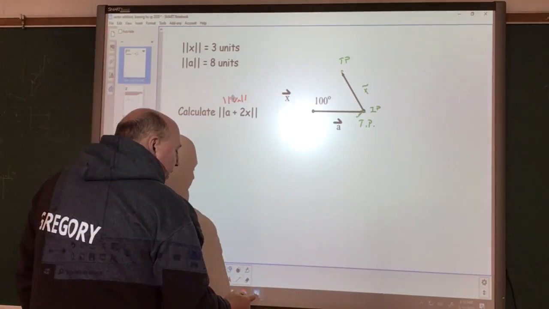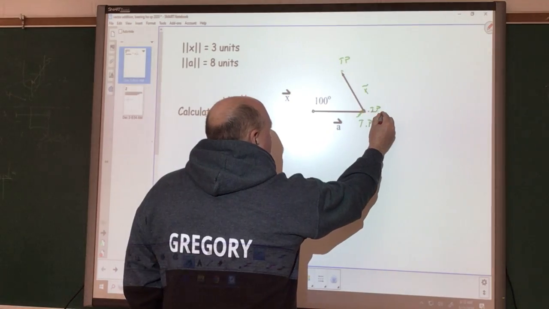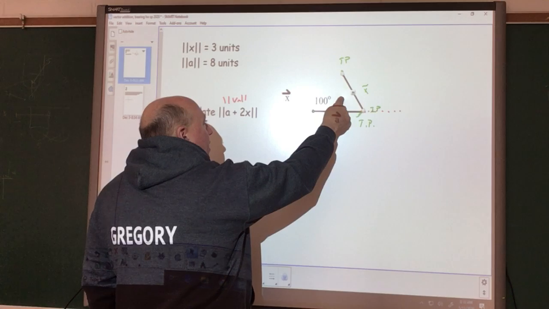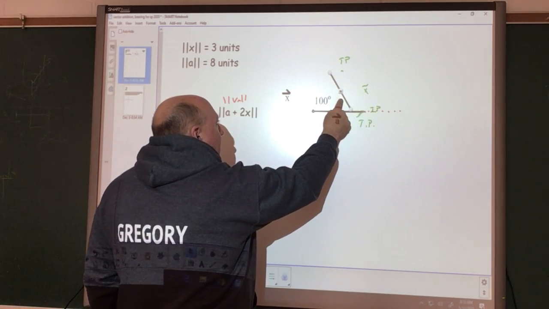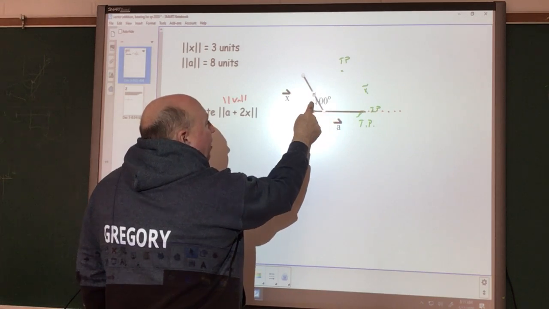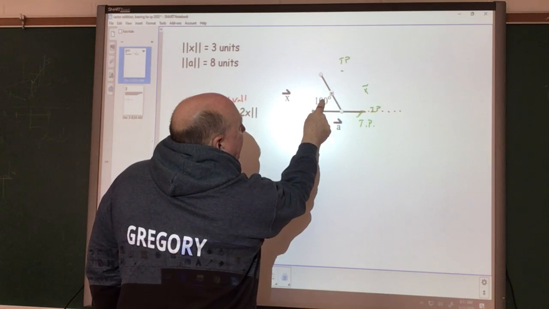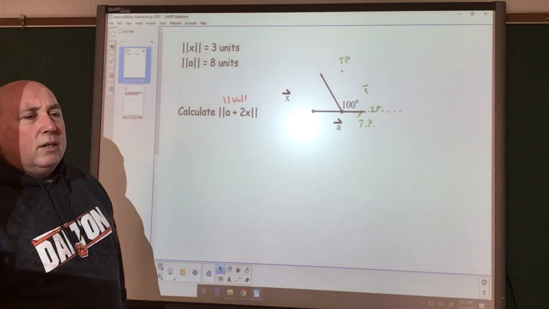Now, the angle that is formed between these two is, if I would just continue to move this line across, this angle that is formed right there is 100 degrees. If I slide this over, the 100 degrees just continues to go with it.